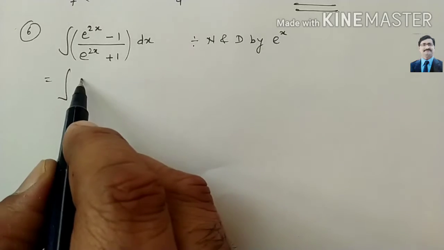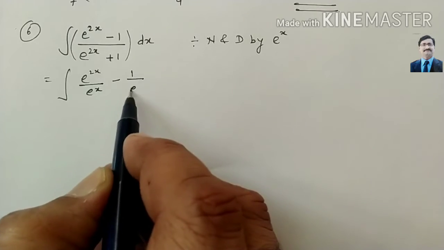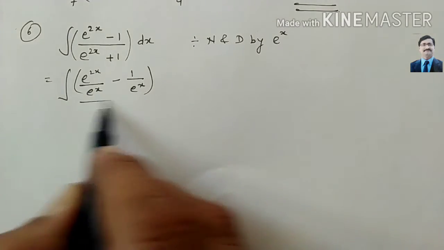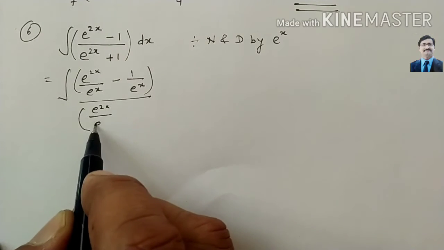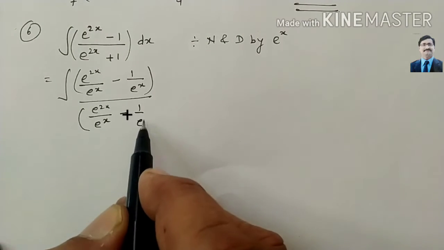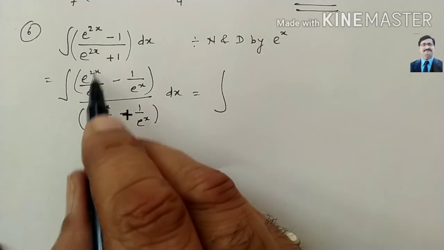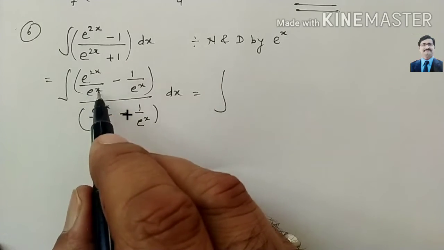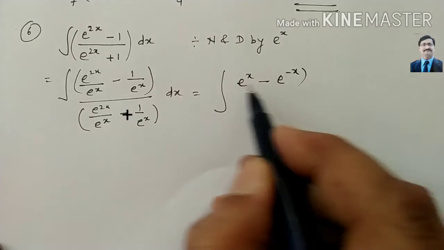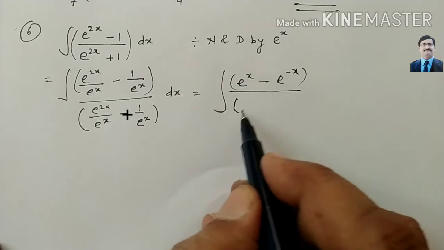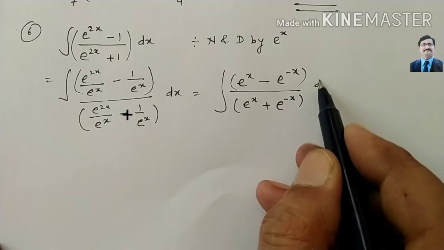So we get e^(2x) upon e^x minus 1 upon e^x, and in the denominator e^(2x) upon e^x plus 1 upon e^x, dx. From these, e^(2x) upon e^x gives e^x, and 1 upon e^x we can write e^(-x). Same in the denominator, we get e^x plus e^(-x).